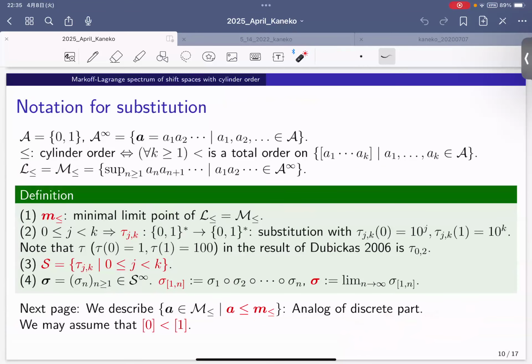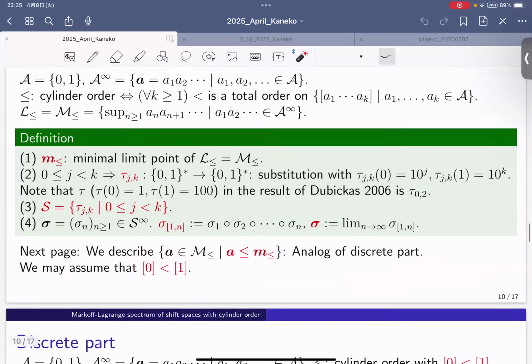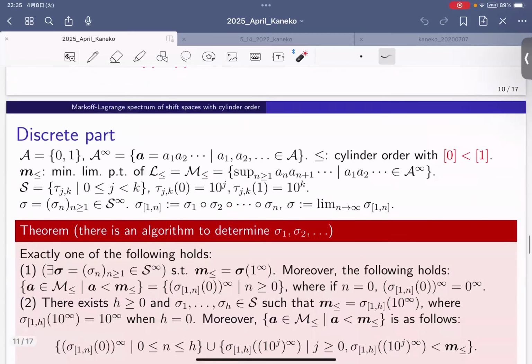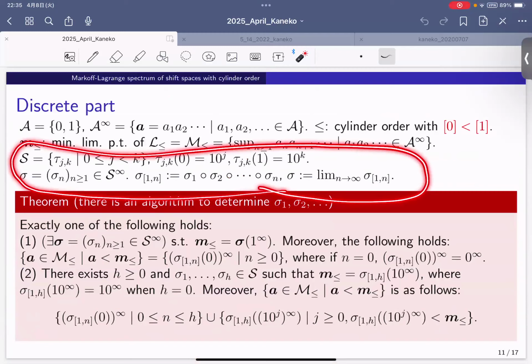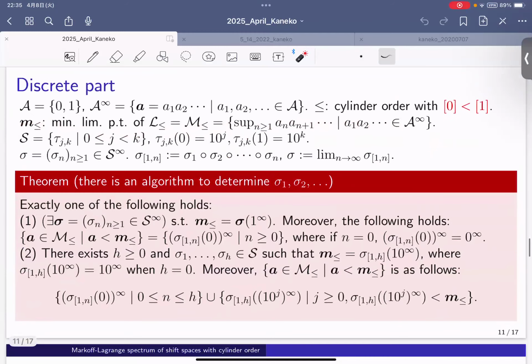So we may assume this inequality, and this is the notation from the previous pages. The discrete part has two cases, and exactly one of the following holds.